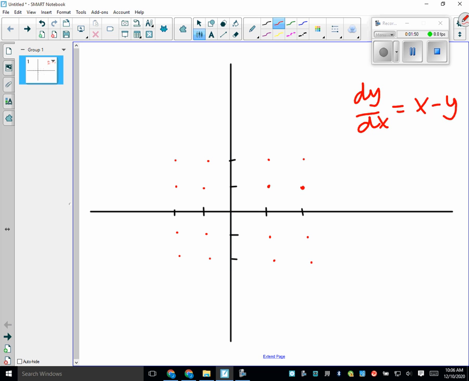Horizontal. What is an undefined slope? Vertical. Now, if I have a slope of 1, isn't that just a little bit slanted? And positive is up to the right, negative is up to the left. Is a slope of 2 steeper than a slope of 1?